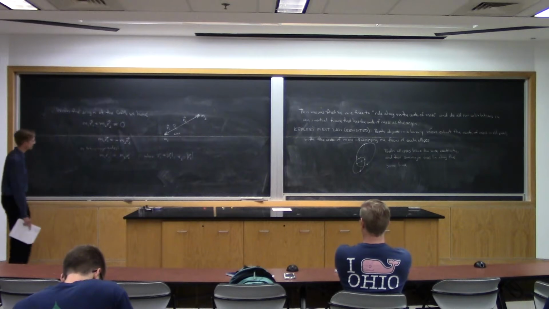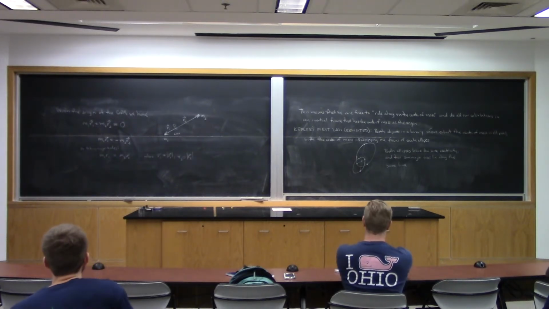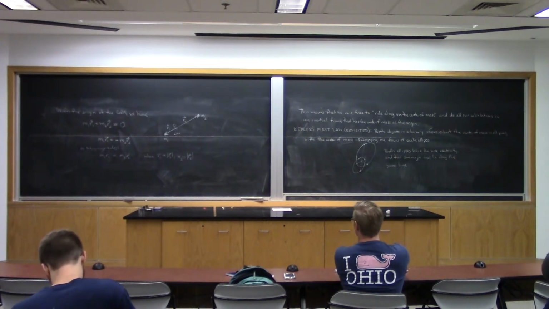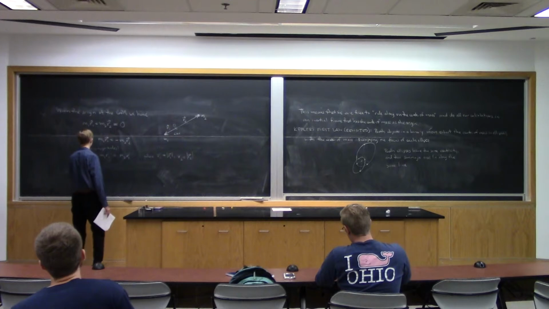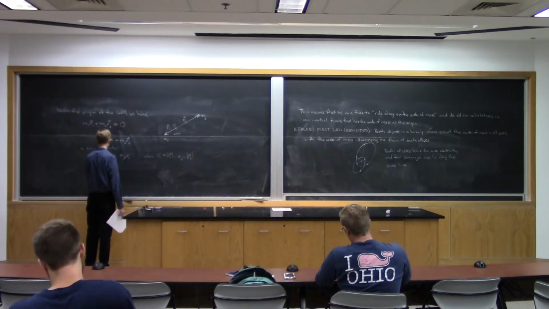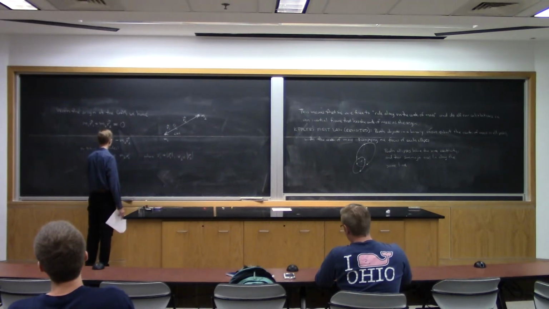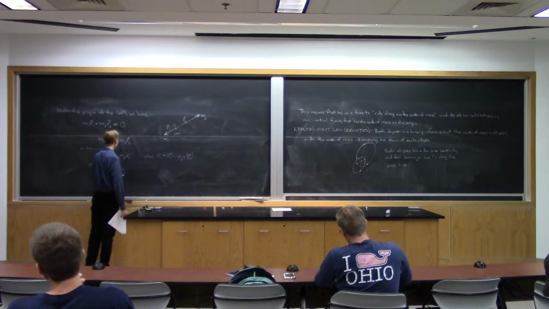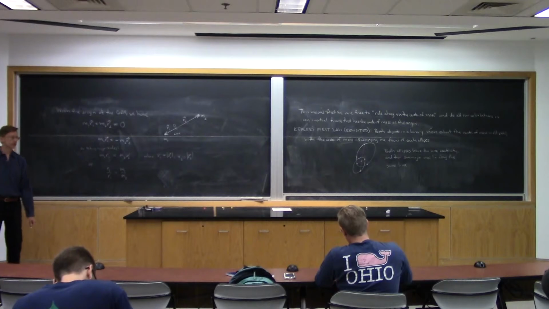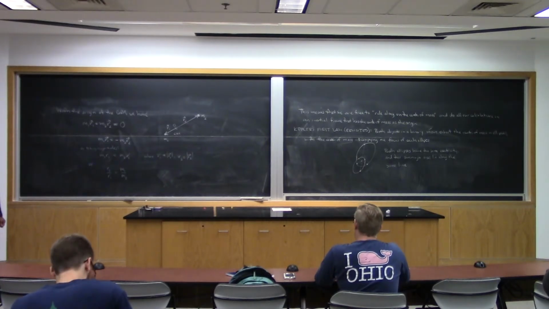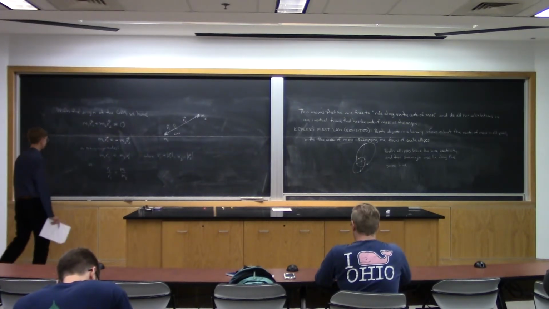In terms of just distance from the center of mass, M1R1 is M2R2. In other words, the ratio of their distances from the center is the reciprocal of their mass ratio.